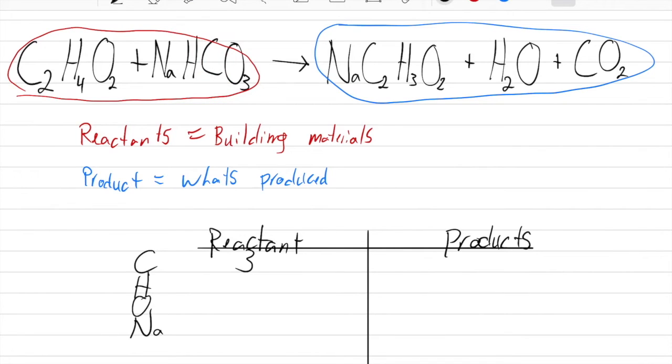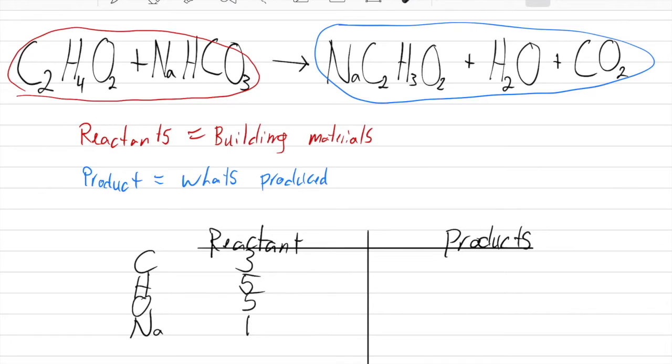For the hydrogen, we look once again at these molecules. In baking soda we have 4, in vinegar we have 4, and in baking soda there's 1 for a total of 5. And then for oxygen we have 2 and 3 for a total of 5. And for sodium, we only have the 1 in the baking soda and none in the vinegar, so that's 1.